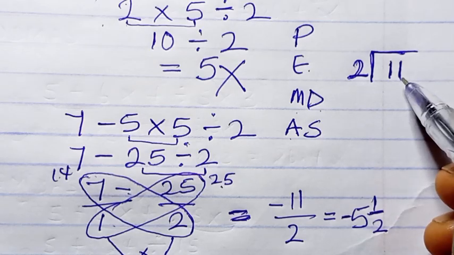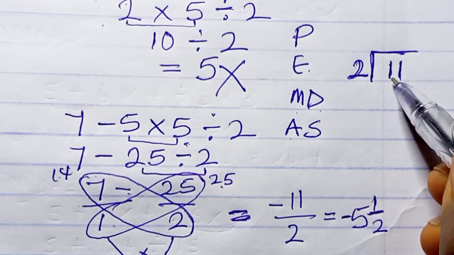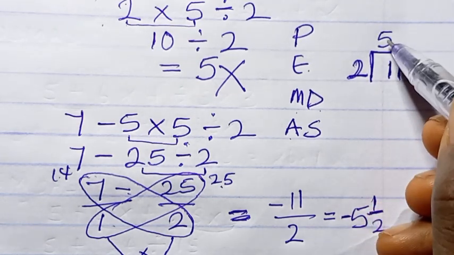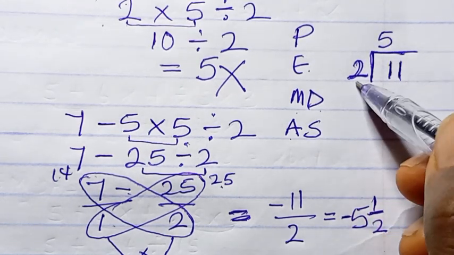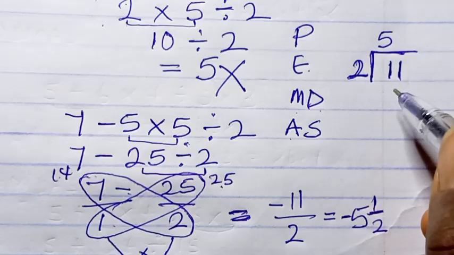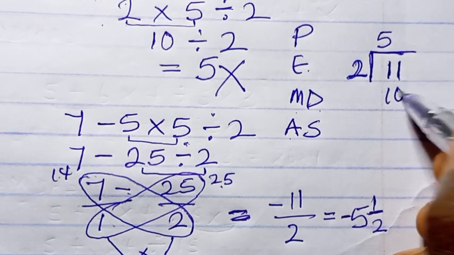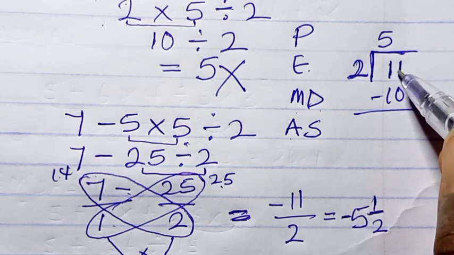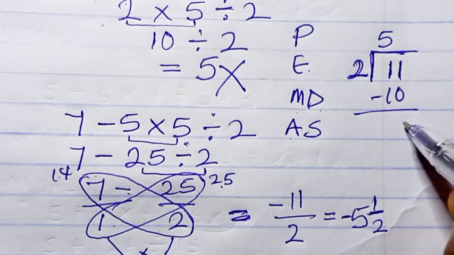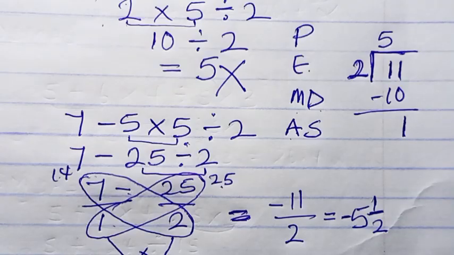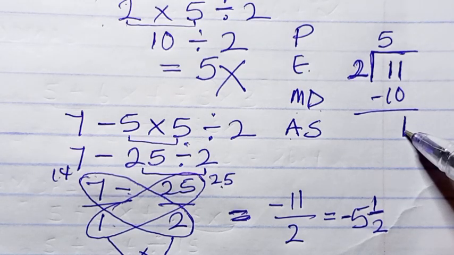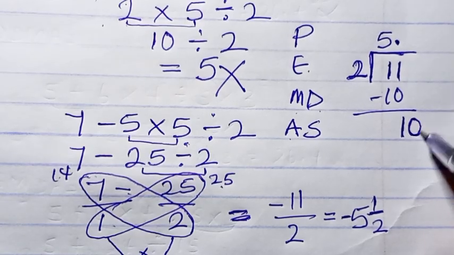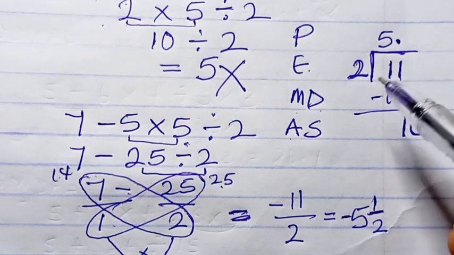Now, 2 will go into 11 how many times? 5 times, all right? Put your 5 up here. 5 times 2 is going to give us 10. So we subtract, okay? 11 minus 10 is going to give us 1, all right?